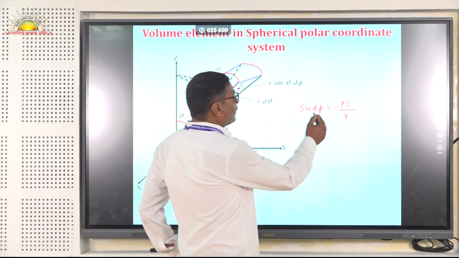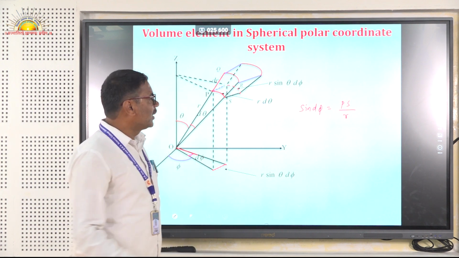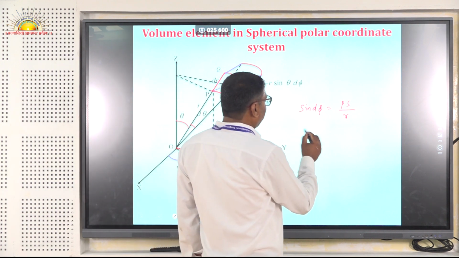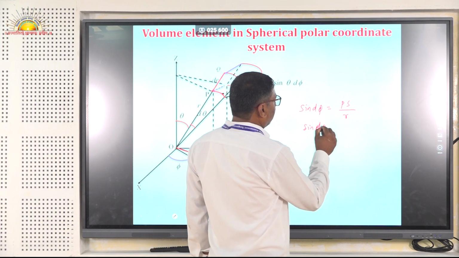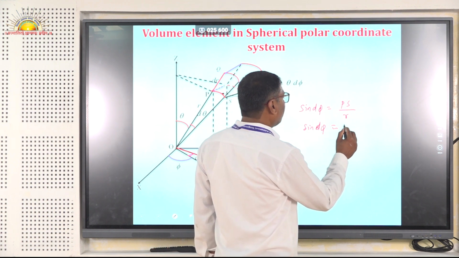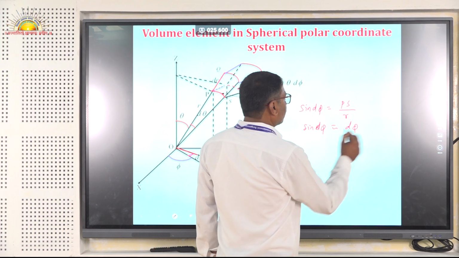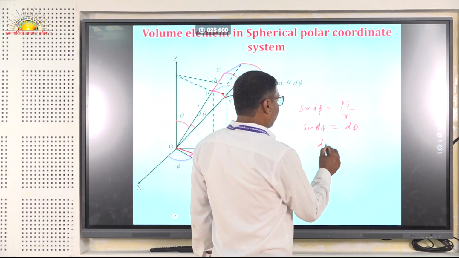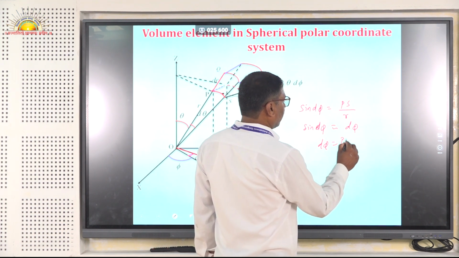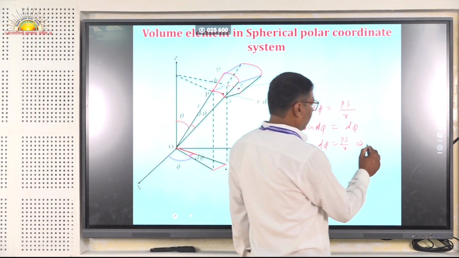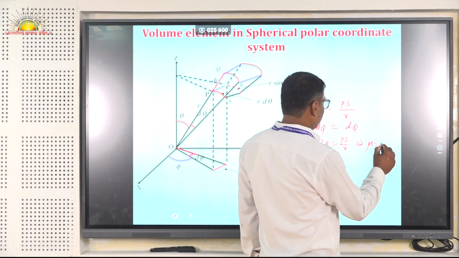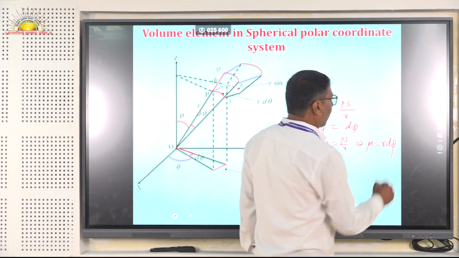Now this d phi angle is very small, so sine of d phi is nearly equal to d phi, so d phi is equal to PS divided by r, which implies arc PS is equal to r d phi.